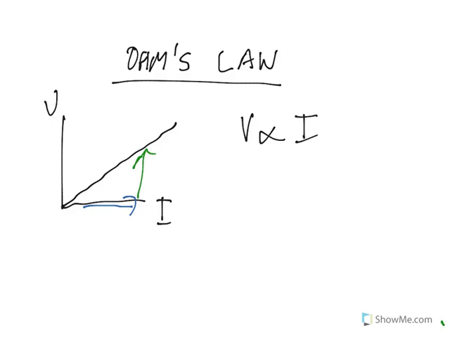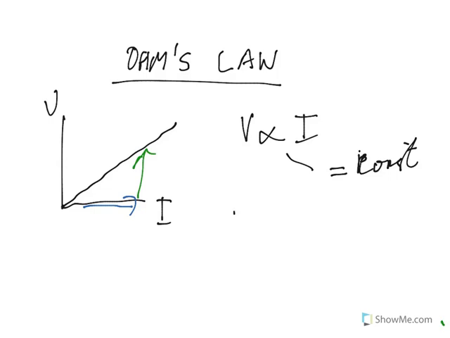Now, in mathematics, what you know about proportionality is that you can replace that by equaling some constant, and we also know from mathematics y equals mx plus c, that constant would be the gradient.